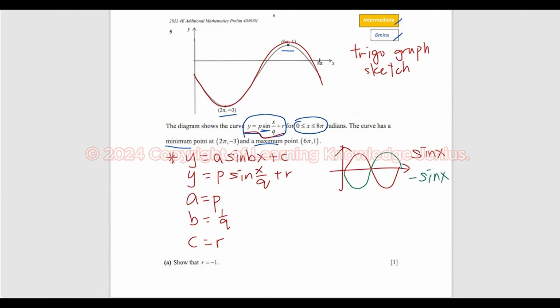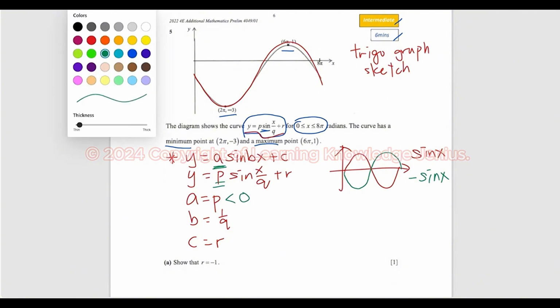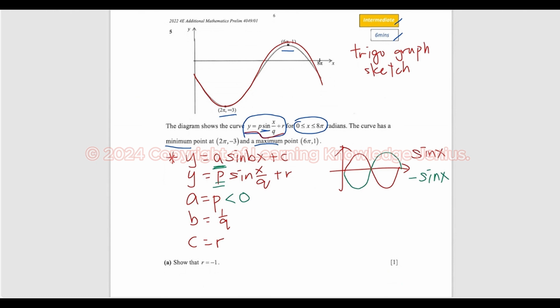It relates to the p value, so we expect p is less than 0. One more thing to take note of is that from the diagram here, we see one full cycle at pi, which means the period is pi.